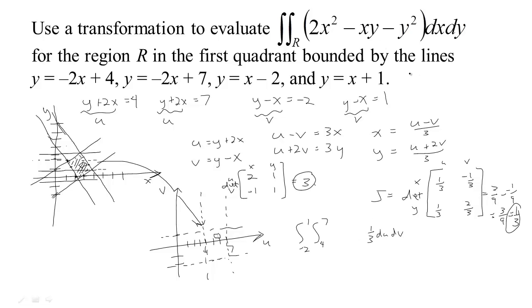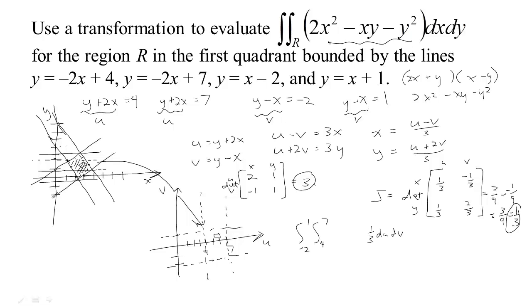I happen to notice that this has a pretty nice form. This actually factors to, let's see, what if we try x, 2x plus y and x minus y. That is 2x squared minus 2xy plus xy would be minus xy minus y squared.